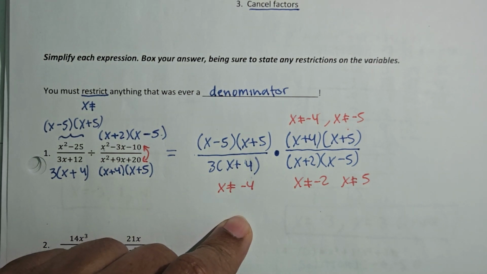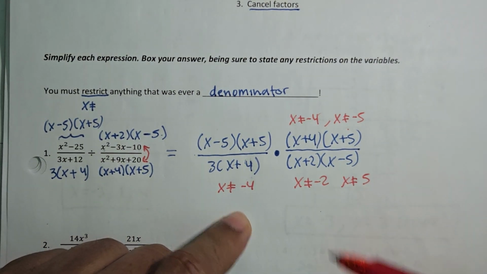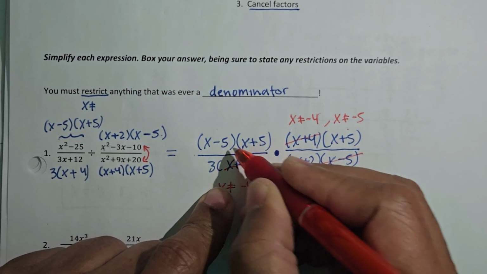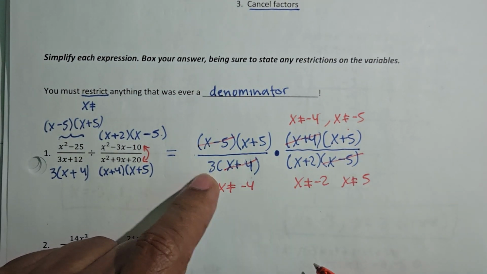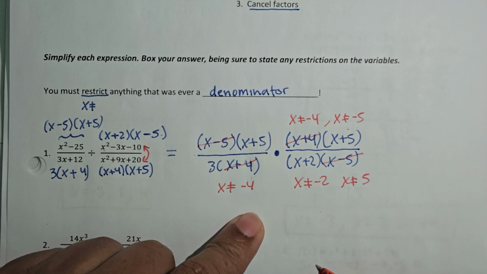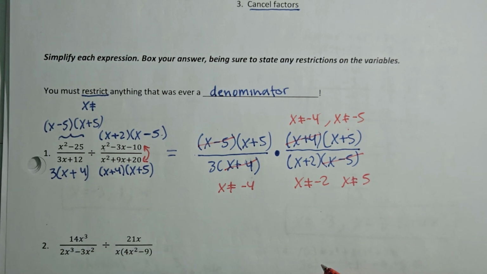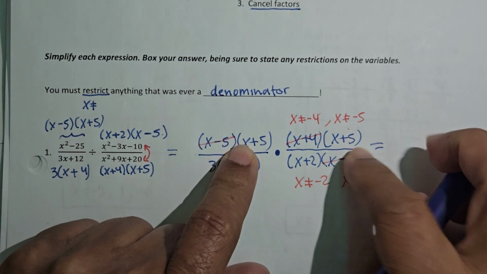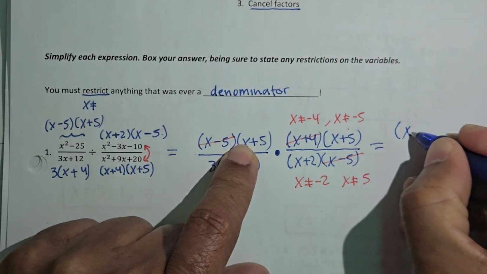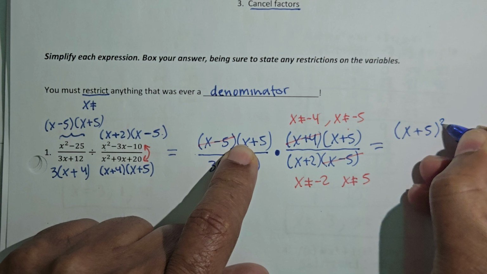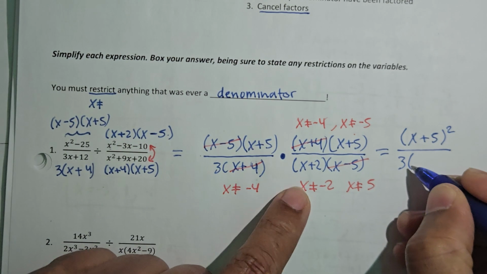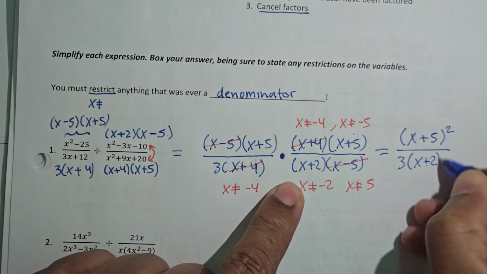So here comes the answer. I'm going to cross out the ones that match: this one and this one, and this one and that one, and that's all we can cross out. What we have left is x plus 5 and x plus 5, so I'm just going to write that as x plus 5 squared, over a 3 in the denominator, and then we have the x plus 2 left.